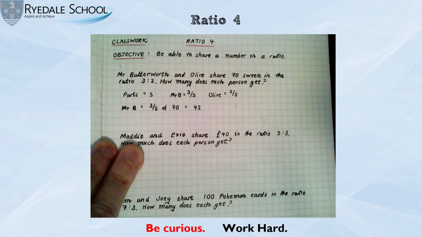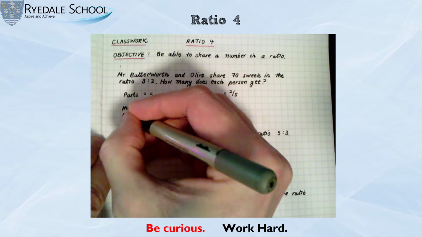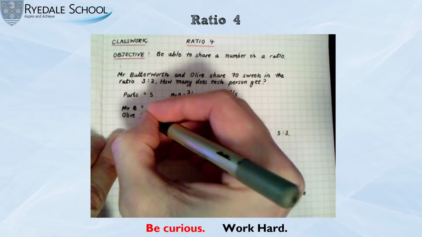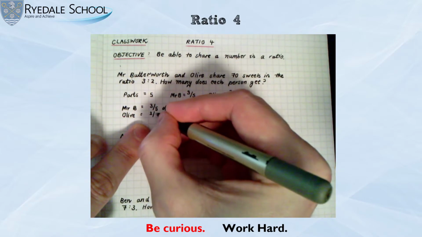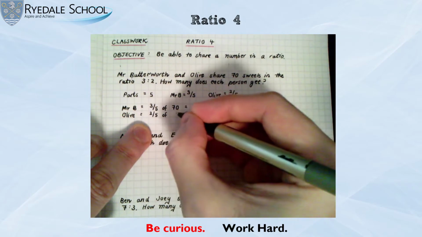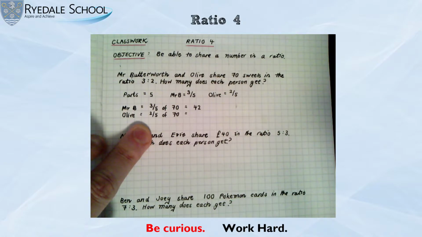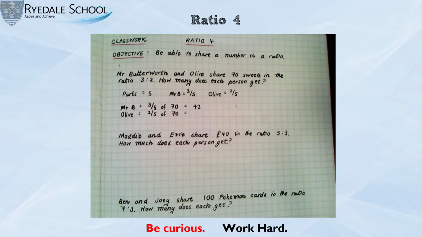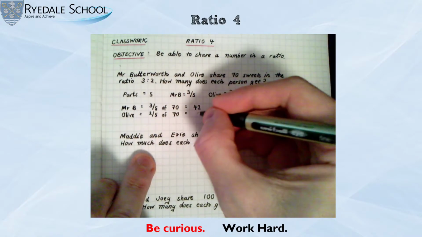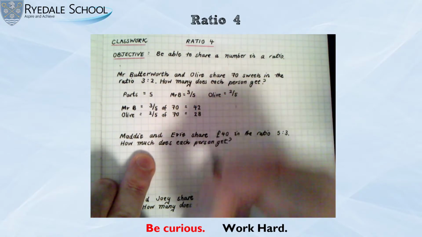So I'm going to get 42 of those 70 sweets. And Olive, who is getting 2/5, 70 divided by 5 is still 14, times 2 is 28 sweets.